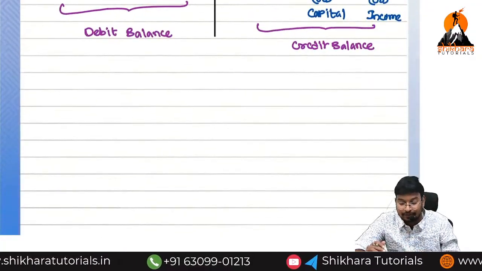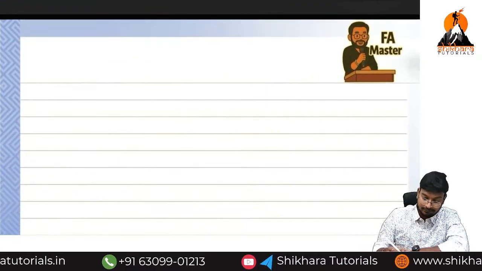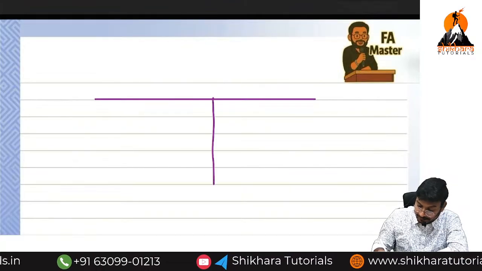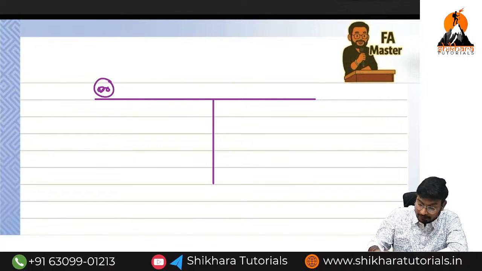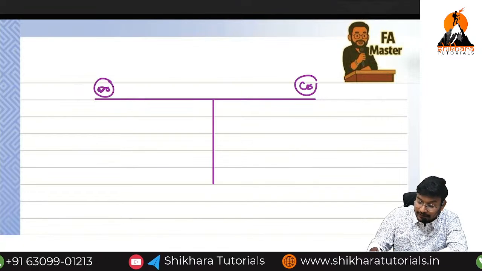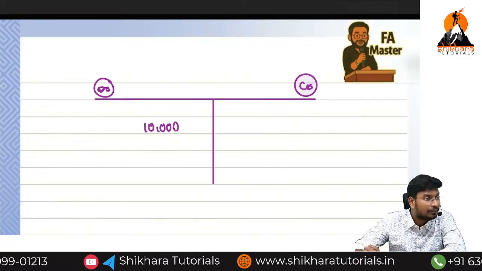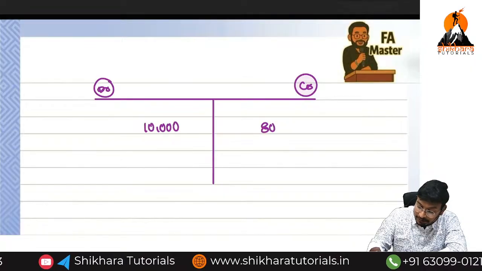So what is the meaning of debit balance? Imagine we are taking one particular ledger, with debit record and credit record. In the debit side, we are having an amount of 10,000. On the credit side, we are having an amount of 8,000.